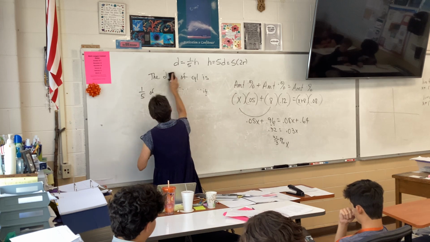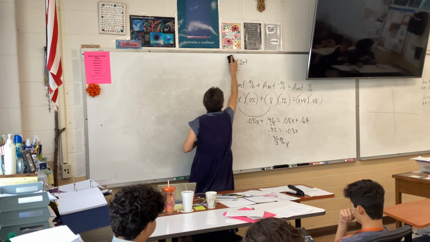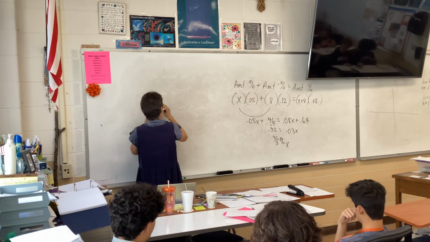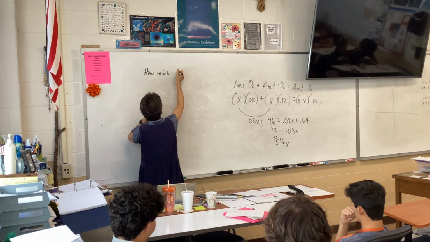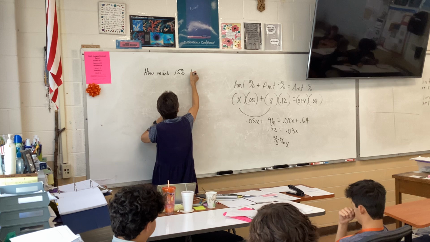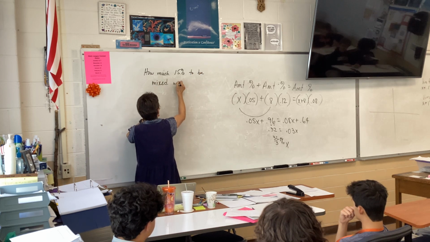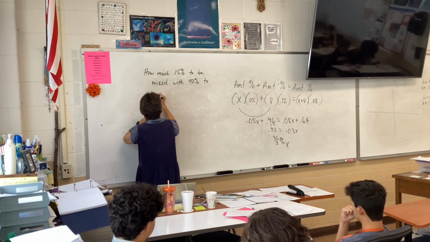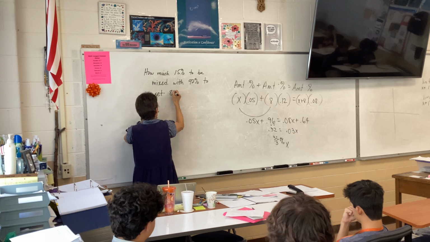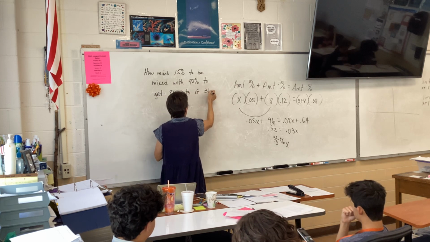Let's try this mixture problem, since we didn't do any yesterday, we'll do one more here. Let's suppose we wanna know how much 15% to be mixed with 92% to get 80 pints of 31%.